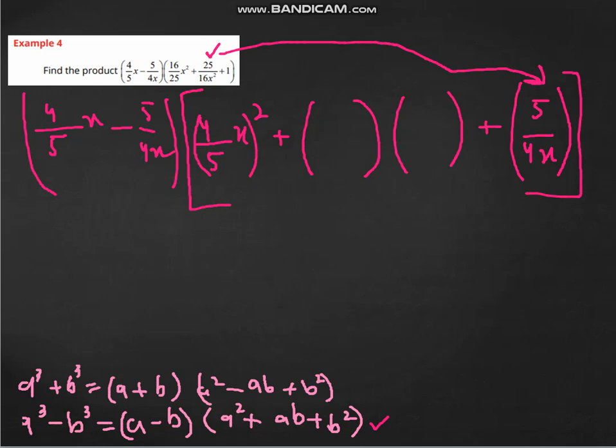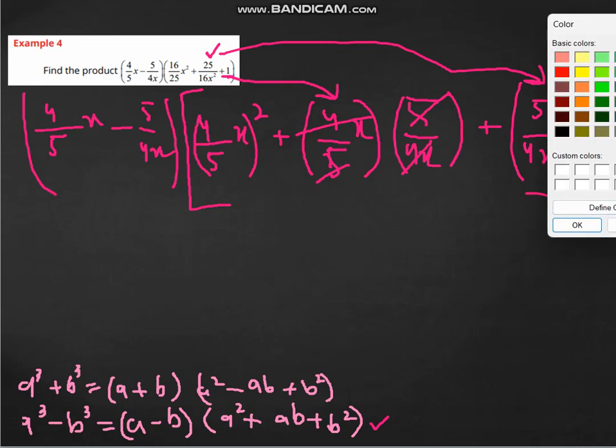So 4 upon 5x times 5 upon 4x would just cancel out and become 1. So this term is this.